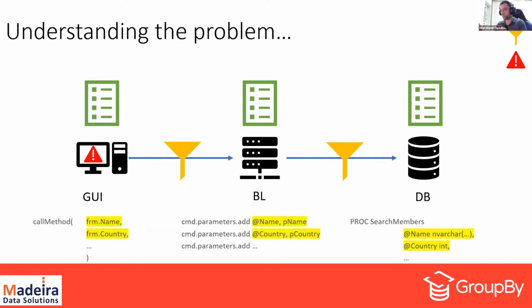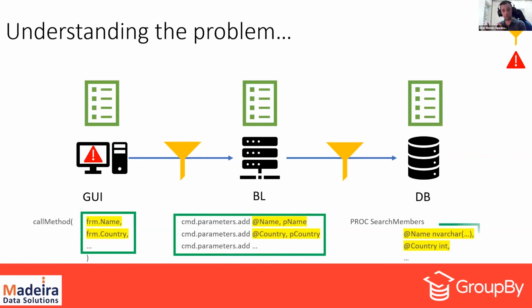Let's say we have a search form, so it's frm.name and then frm.country and so on. At the business layer, we need to receive all of these values from the GUI and then add them as parameters to the stored procedure. And then at the database side, we have the stored procedure with the parameters. Each of these separately is a distinct parameter collection that needs to be maintained separately.